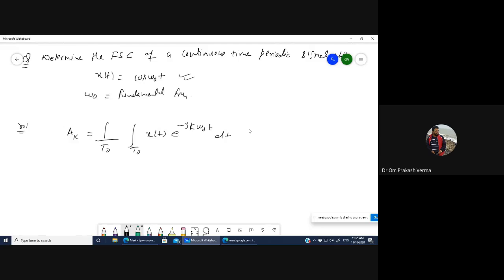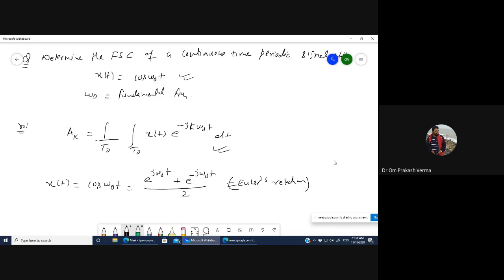We can write x(t) equals cos omega naught t, and cos omega naught t may be written as e to the power j omega naught t plus e to the power minus j omega naught t, divided by 2. This is the Euler relation.